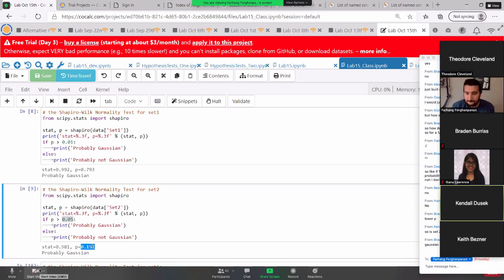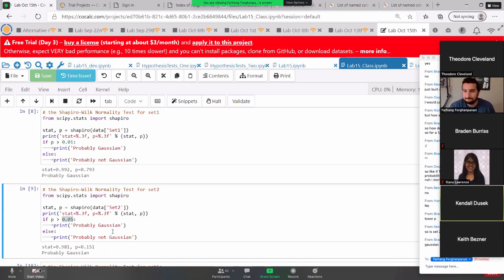It's higher. So the fact that your p-value is higher than your cutoff means that it's normally distributed? Yes, it means that you cannot reject the null hypothesis, and since the null hypothesis was that it is normally distributed, you are going to say that it is probably normally distributed.